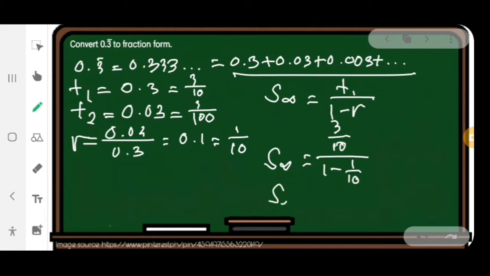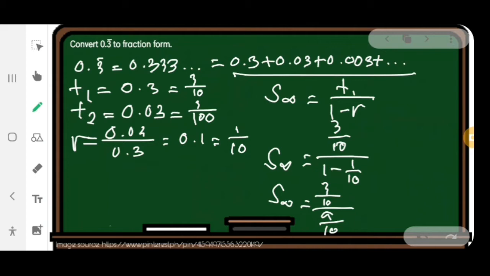You are going to perform first the operation in the denominator. 1 minus 1 over 10 is 9 over 10. If you can still remember the shortcut that I had given you last week, if you are going to subtract a fraction from 1, just subtract the numerator from the denominator and copy your denominator. So 10 minus 1 is 9, then copy 10.